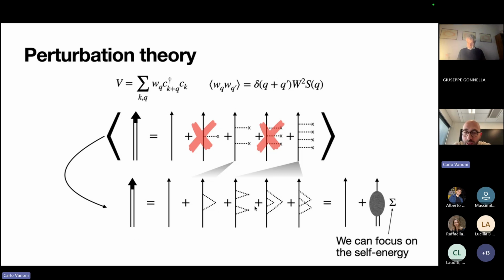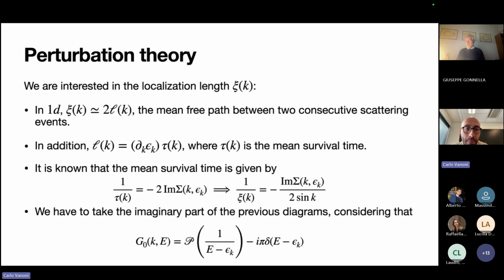And eventually, you can represent this expansion after the average in terms of a simple propagator, that we know already, plus something which is a bit complicated because it includes all these diagrams here. And this is known to be the self-energy.